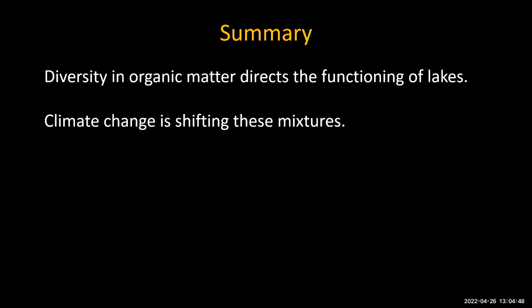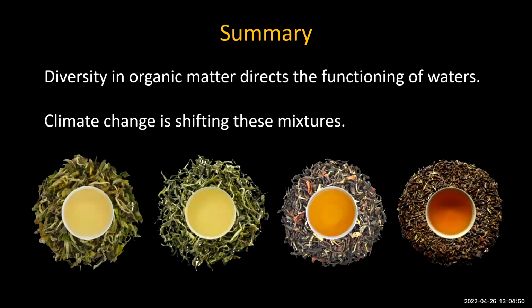It's kind of like tea: you can soak the same amount of tea leaves in all these cups, but you get very different properties depending on the type of material you soak in it. And so a key challenge now is taking this predictive understanding that we've tried to generate and upscaling it into meaningful ways, whether that be influencing forest management for drinking water or integrating microbial processes into these Earth system models of the global carbon cycle.